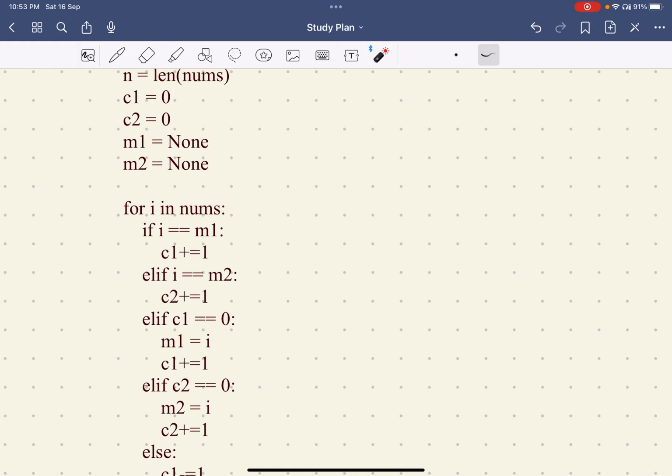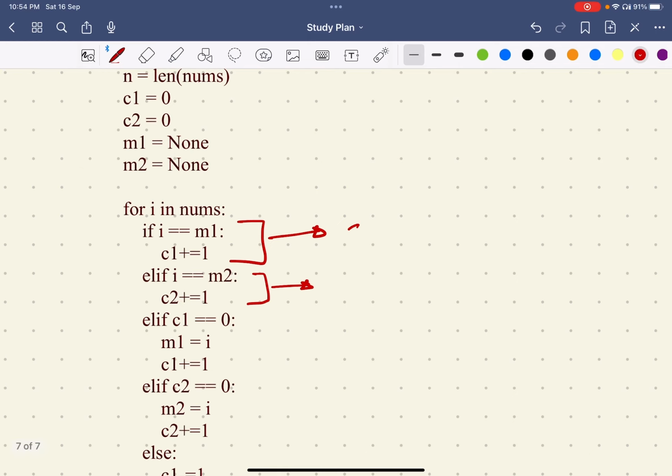Initially we put a condition which says that if my element i equals the majority element 1, I will increase the occurrence of majority element 1. If my element is majority element 2, I will increase the count of majority element 2, so C1 by 1 unit and C2 by 1 unit.